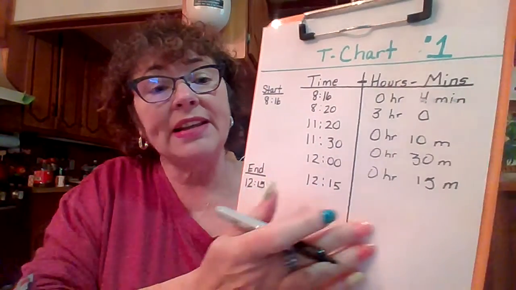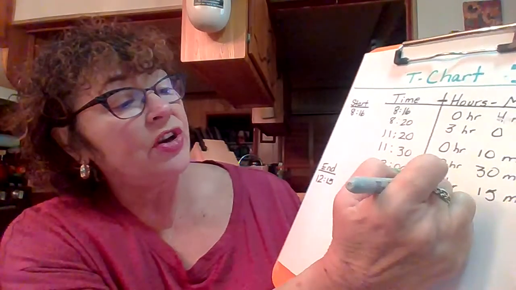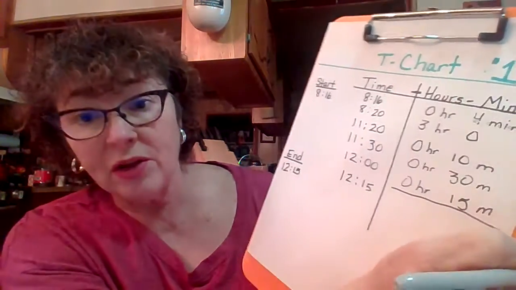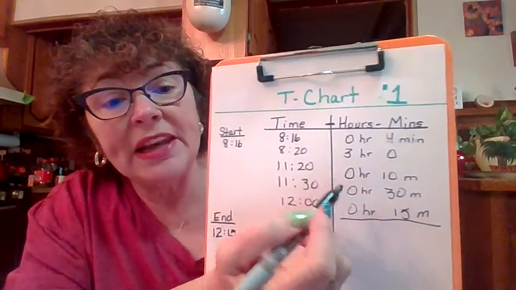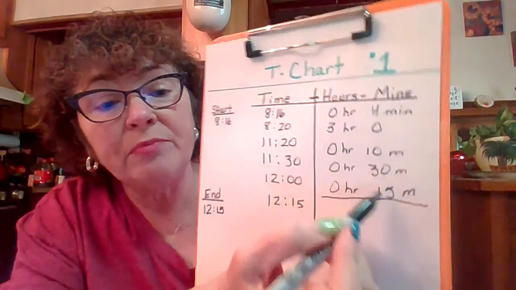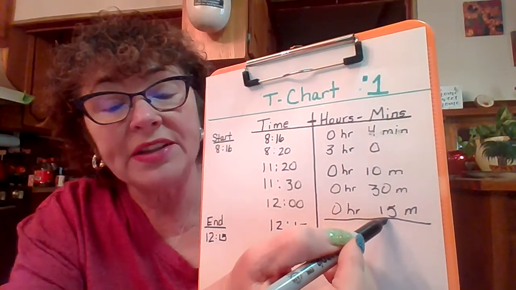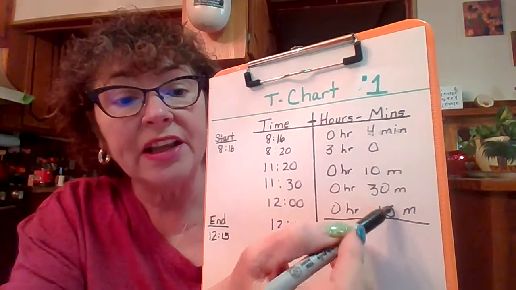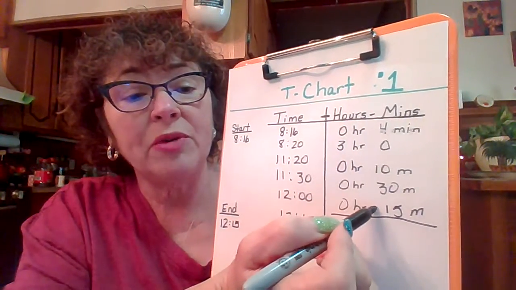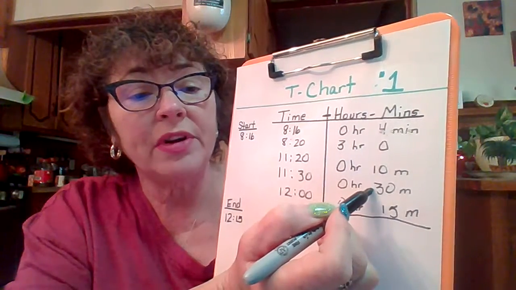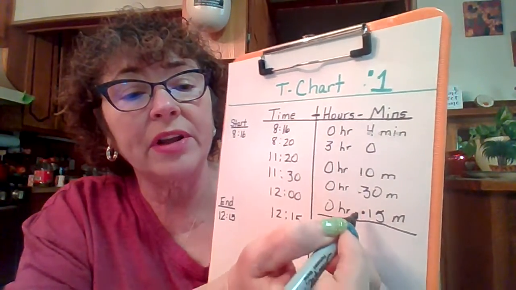Okay, now let's add it up and see how long it took to do that. We're going to start with the minutes, and I'm going to do the biggest numbers first. So 30 plus 15 is 45. And then I'm going to put a dot by each one of them to let me know I added them in. There we go.